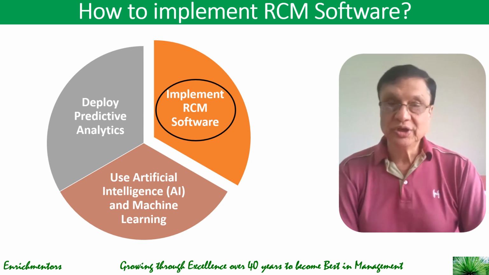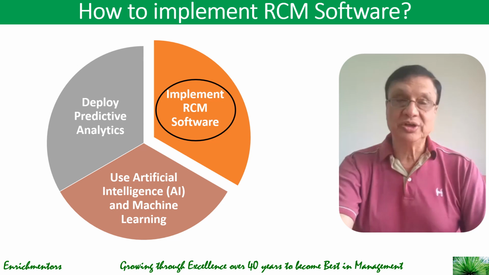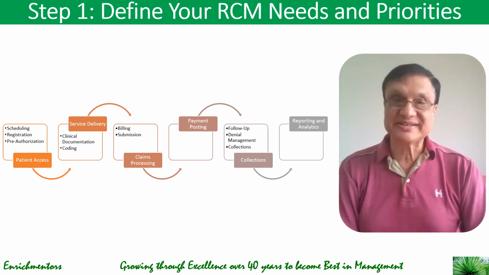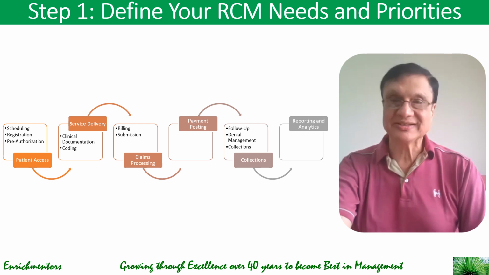Now, how to do this? Let's take a look at the various steps that you need to take, right? So, the first step is to identify specific RCM processes that you need to automate and assess.